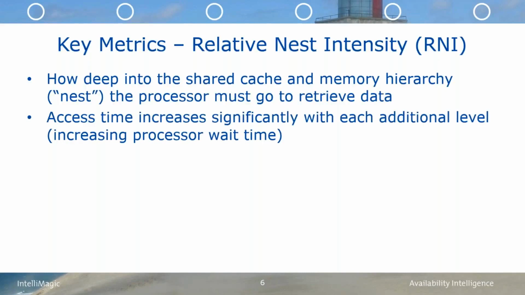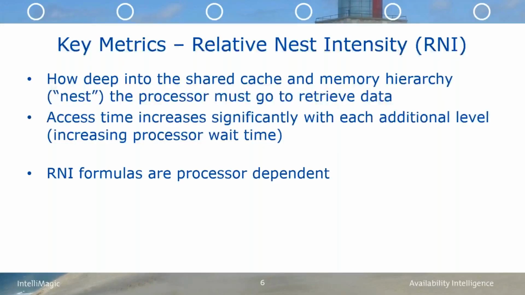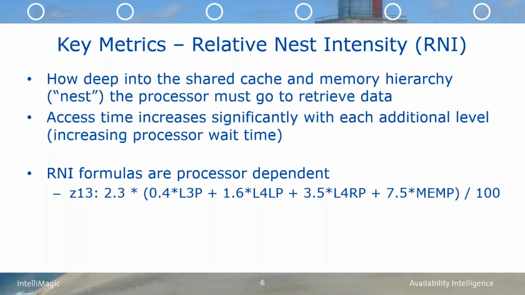This is very important because access time increases significantly for each subsequent level of cache and thus results in more waiting by the processor. The formula to calculate RNI provided by IBM is processor dependent and reflects the relative access times for the various levels of cache. This is the z13 formula.